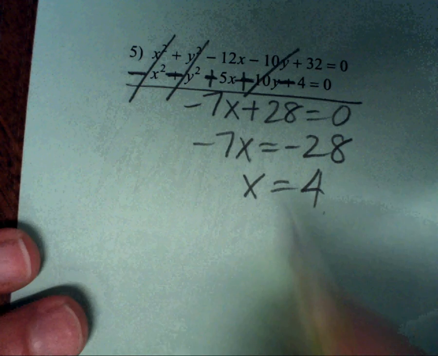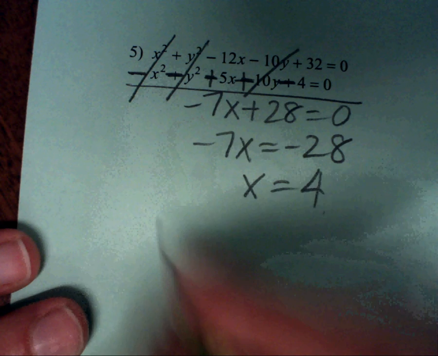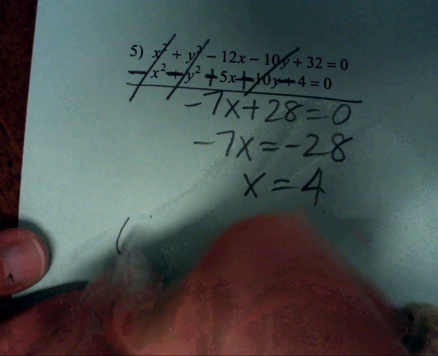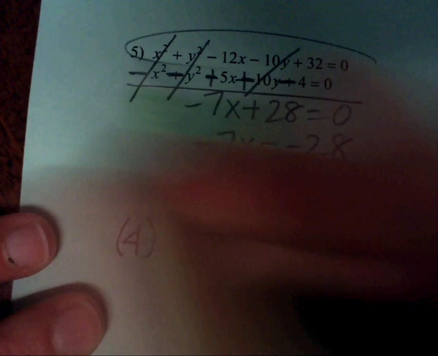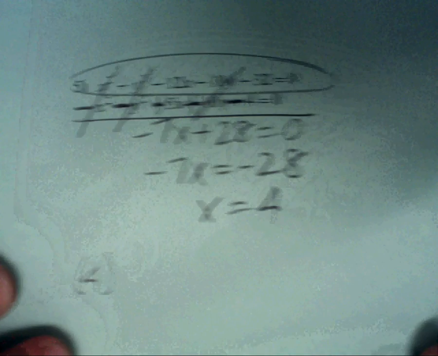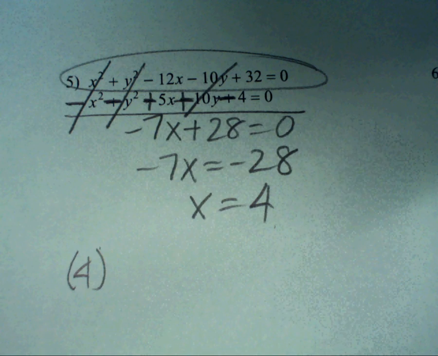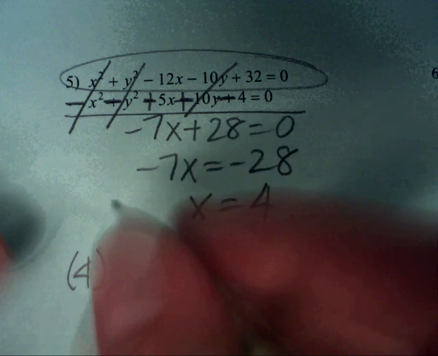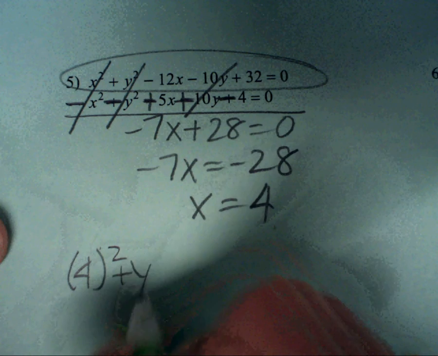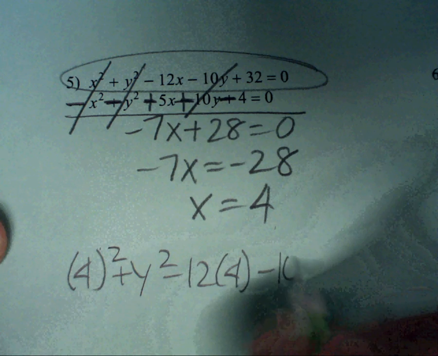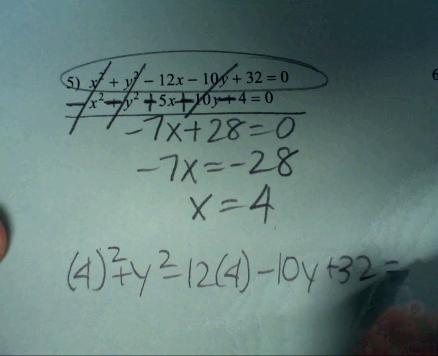So I'm going to take x and plug it in for x in both of the places. I'm going to pick the top equation. It absolutely does not matter. Sorry for the delay.